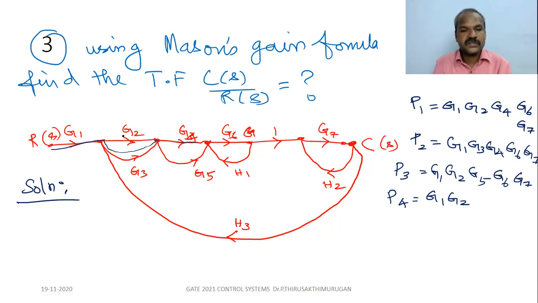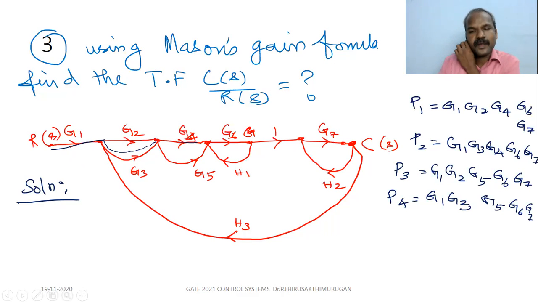Then G1, G2, G5, G6, G7. Then G1, G3, G5, G6, G7. Am I right? So four forward paths.